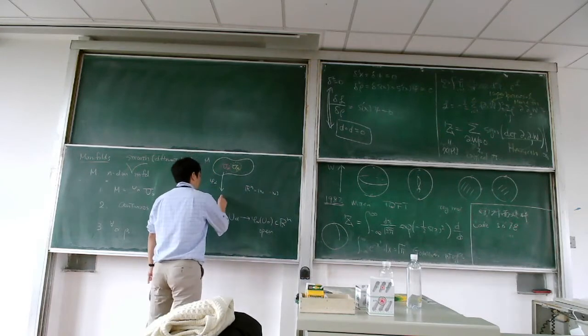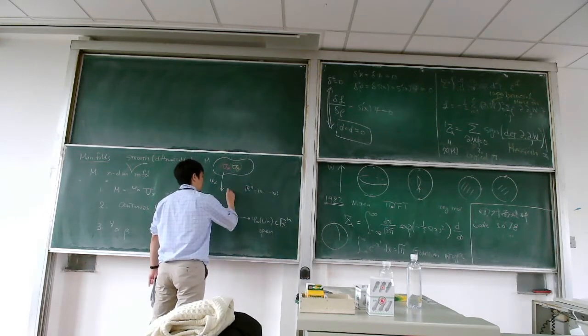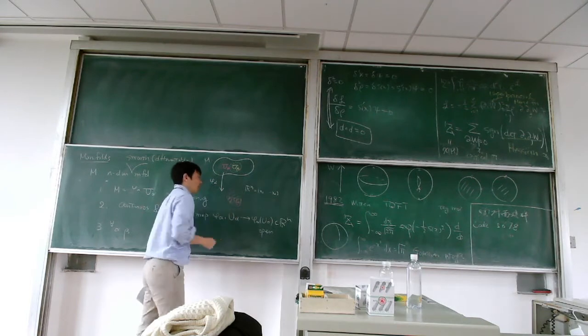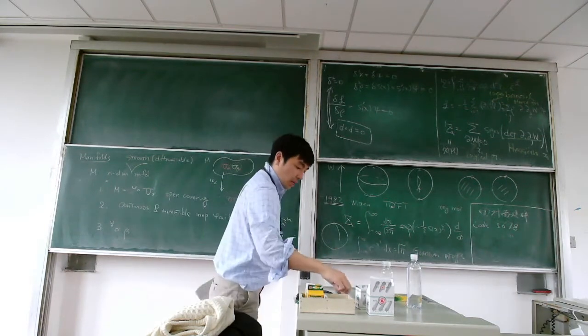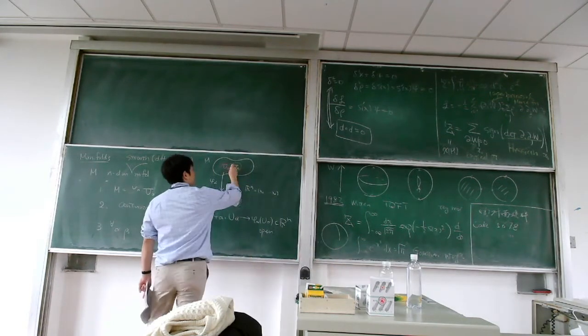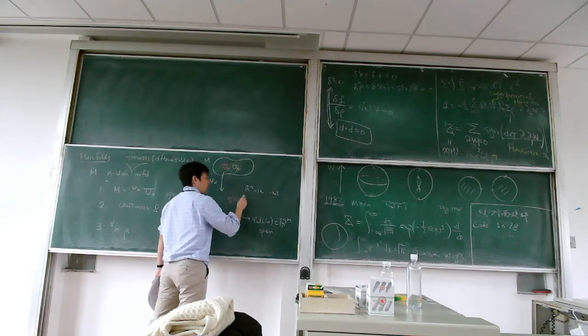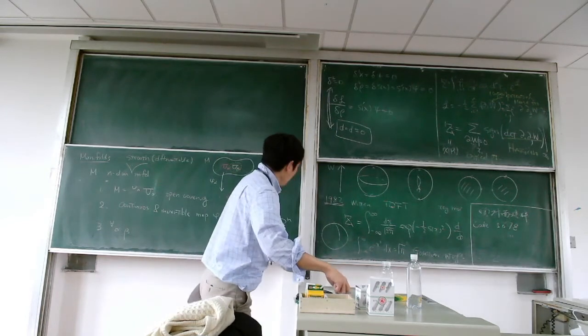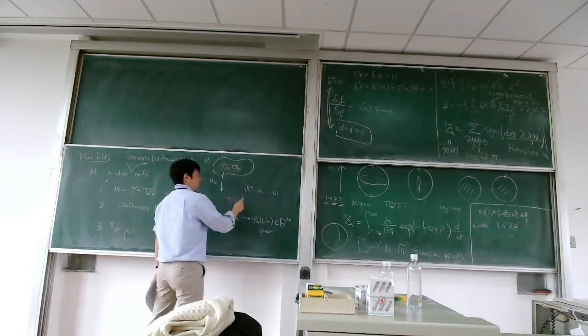So phi alpha of U alpha is something like this, and then there's an overlap region here. So inside Rn, there's an open region.